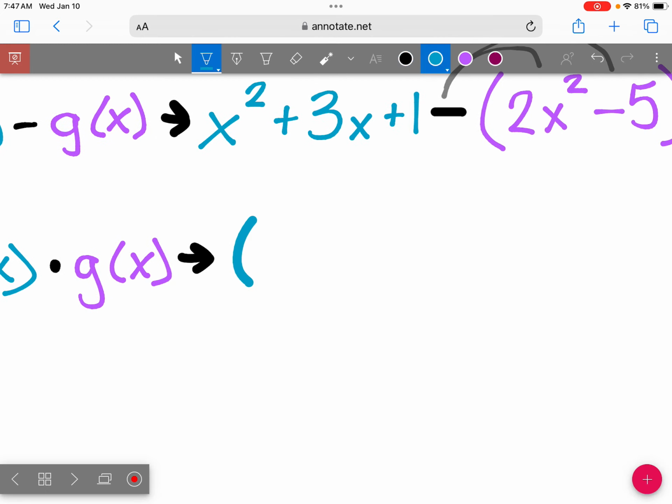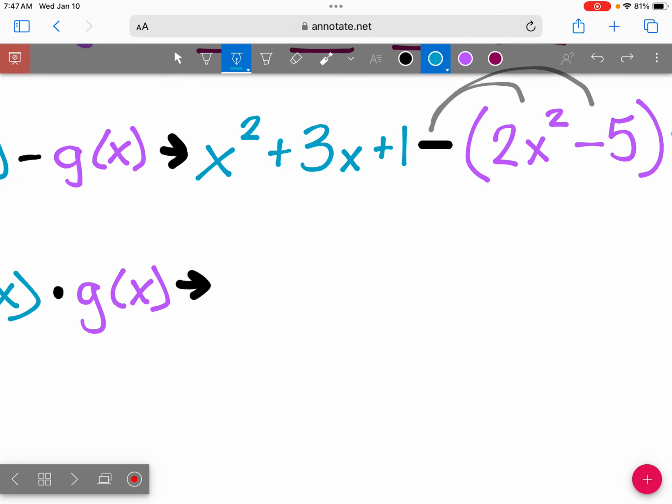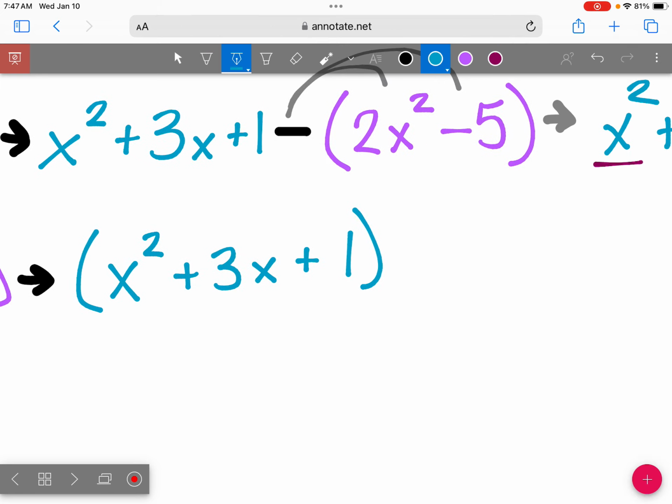So we're going to take our x squared plus 3x plus 1, and we're going to times that by 2x squared minus 5.